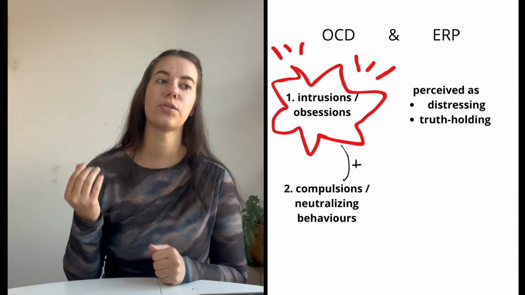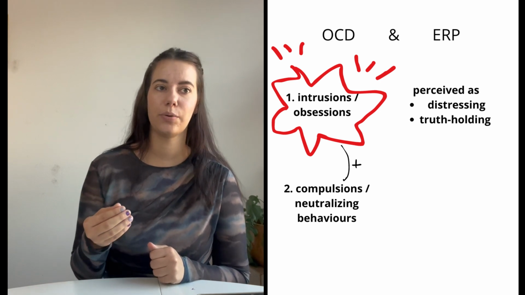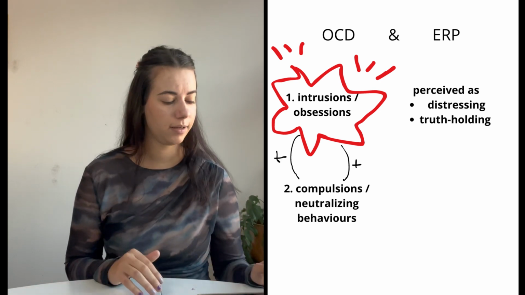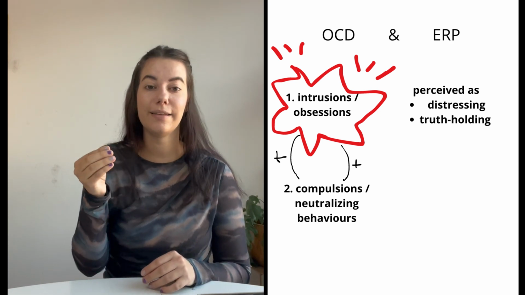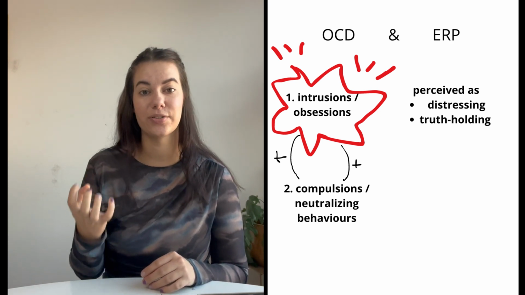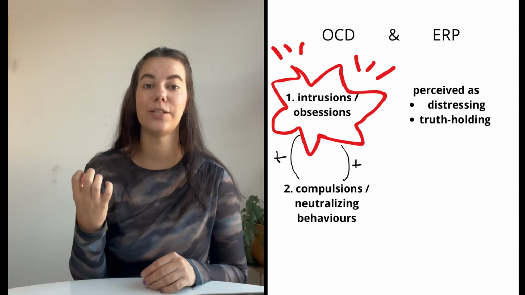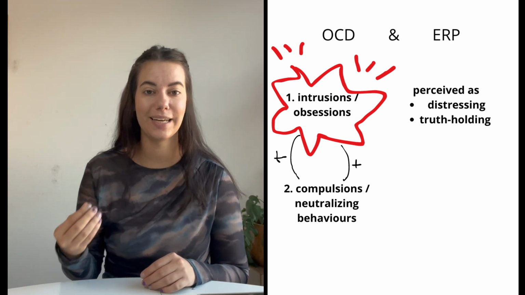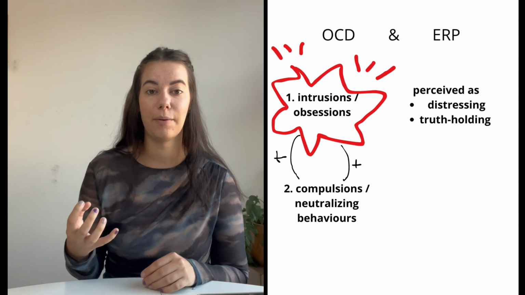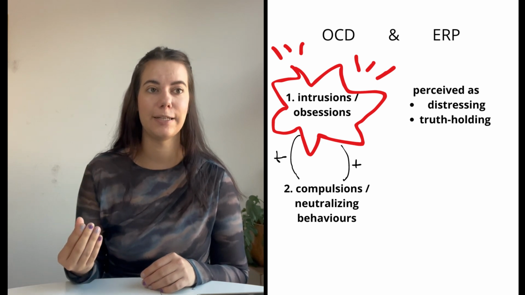However, the problems start because when people are engaging with these behaviors, it gives the message that indeed these intrusions are scary and truth-holding and that you need to take action against them. So it reinforces this idea that intrusions are a distressing thing, a reality thing.